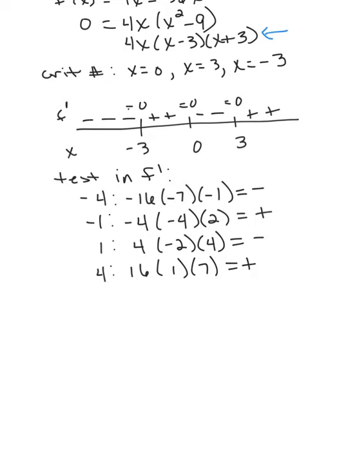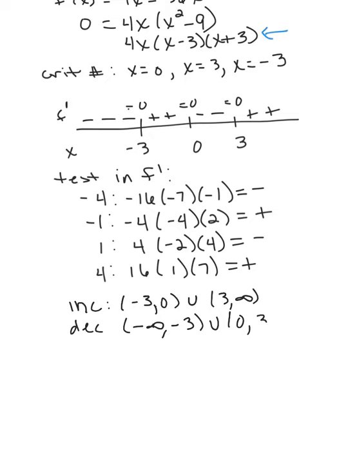What we know now is that we are increasing on the interval from negative 3 to 0, and again from 3 to infinity. We are decreasing from negative infinity to negative 3, and again from 0 to 3.